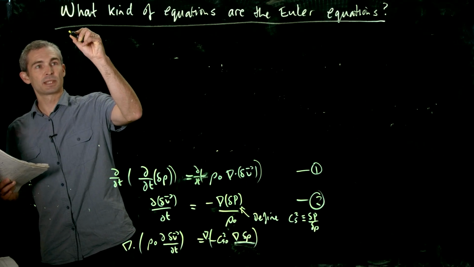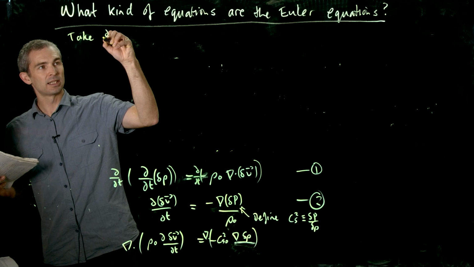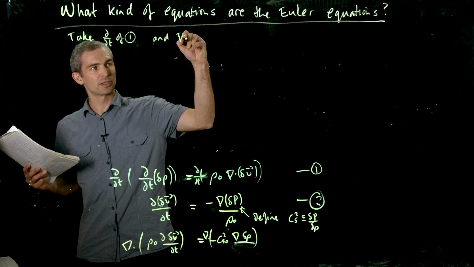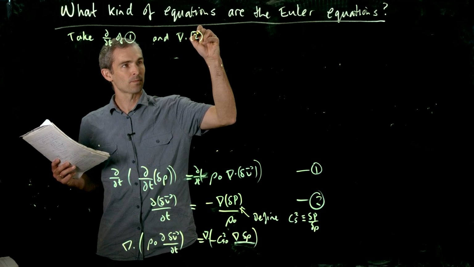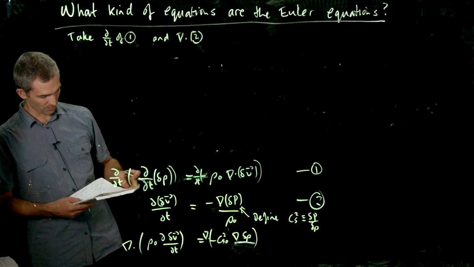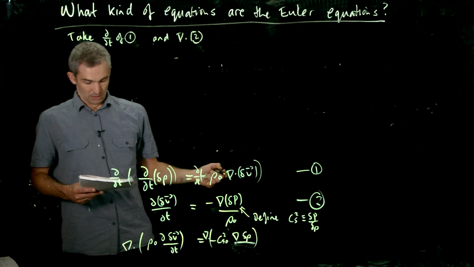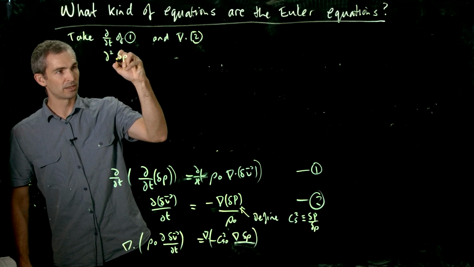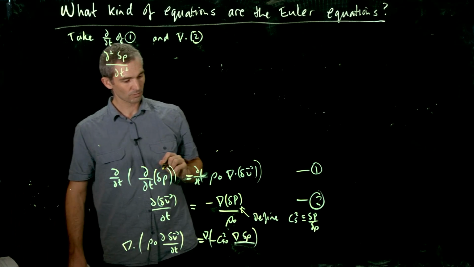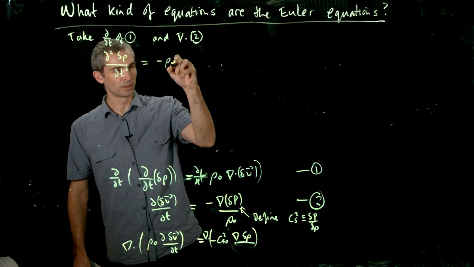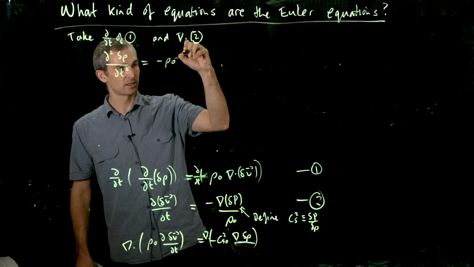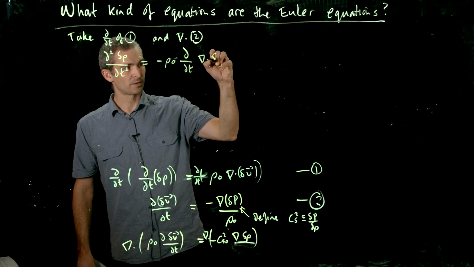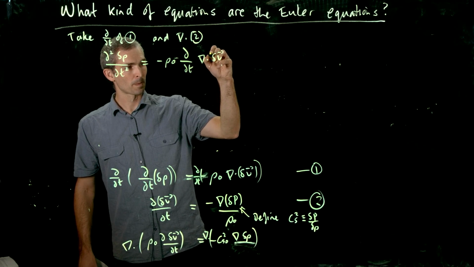So let's do that. So we take the ddt of 1 and the divergence of equation 2. We get the following. So this becomes d squared delta rho dt squared equals minus rho naught, because that's a constant, so ddt of that is 0, ddt of divergence of delta v.